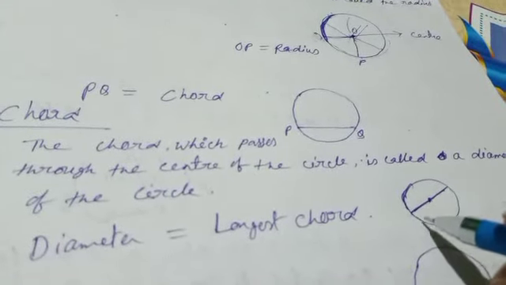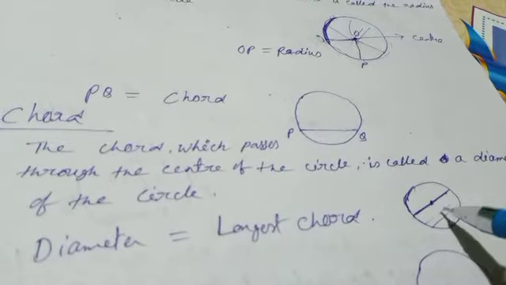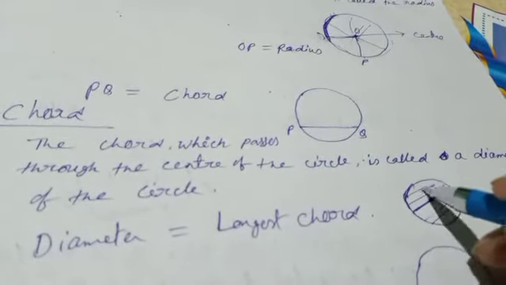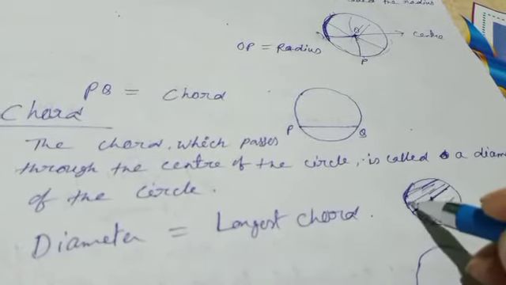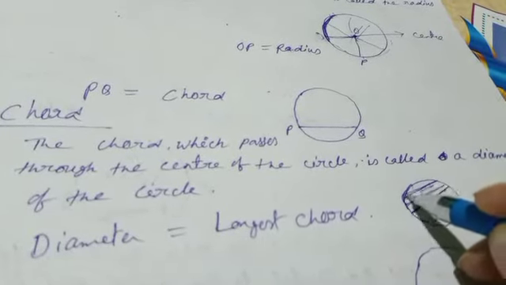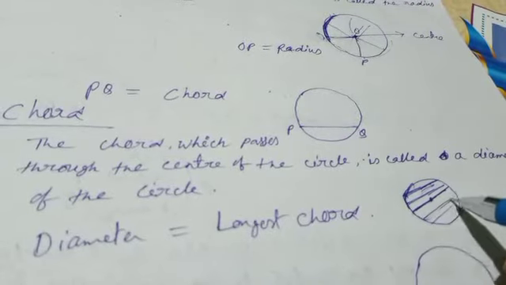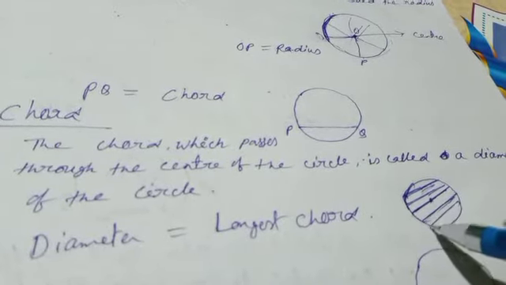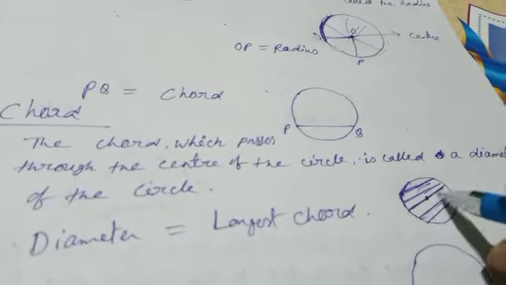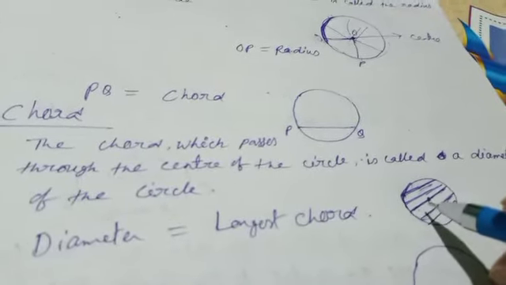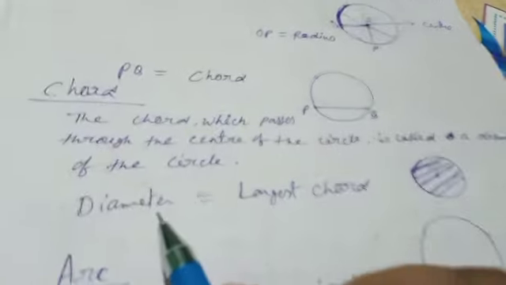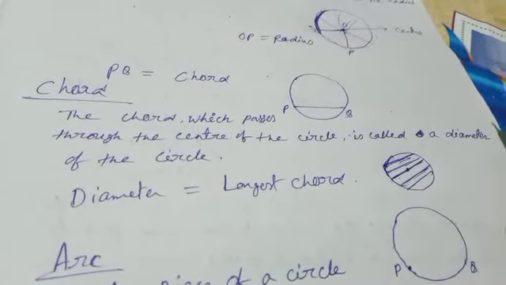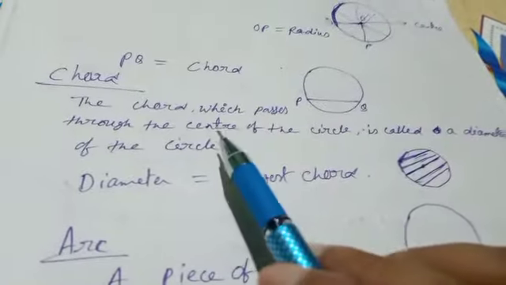And if you draw some chords like this one, both the ends should touch the circle. Then you can see this diameter will be the longest chord. That means we can say diameter is equal to the longest chord. Yes or no? Okay. So did all of you understand what is a chord?